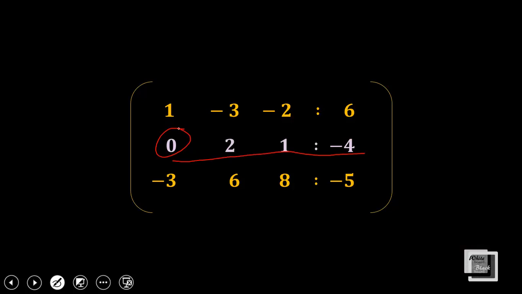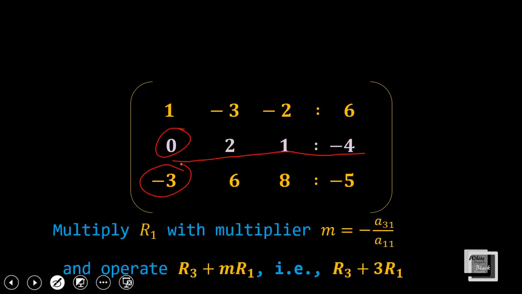Now we will reduce the first element of the third row also to 0. To reduce this element to 0, again we will find the multiplier m, and in this case multiplier m will be minus, let us call this element, third row first element, A31, and we will divide it by pivot element, that is A11.